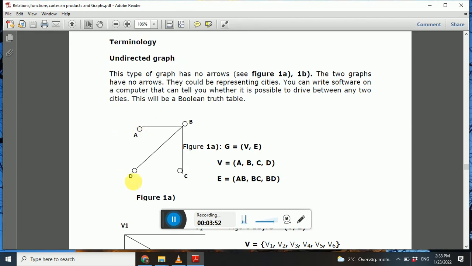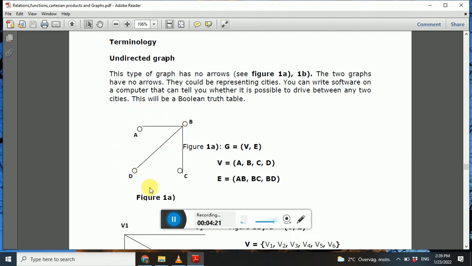For example, when you look at this graph here, we have different points. We have a point A, point B, point C, point D. These are now the vertices. And these points have been connected with edges. So there is an edge from A to B, an edge from B to D, an edge from B to C. So these are the different edges.